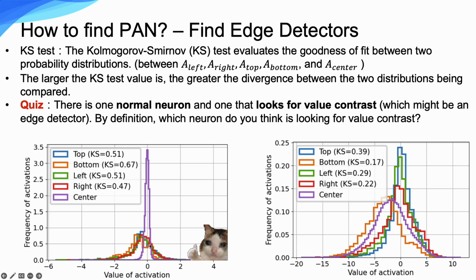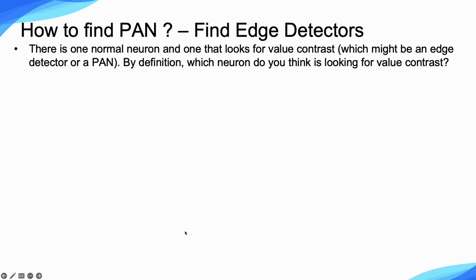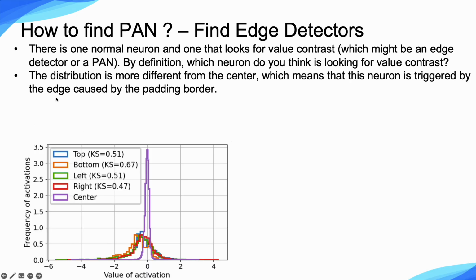And I will explain why this probability density function is the edge detector. You can see that if you look at top, bottom, left, and right, the distribution is more different from the center. Which means that this neuron is triggered by the edge caused by the padding border, which is a 0 padding border.